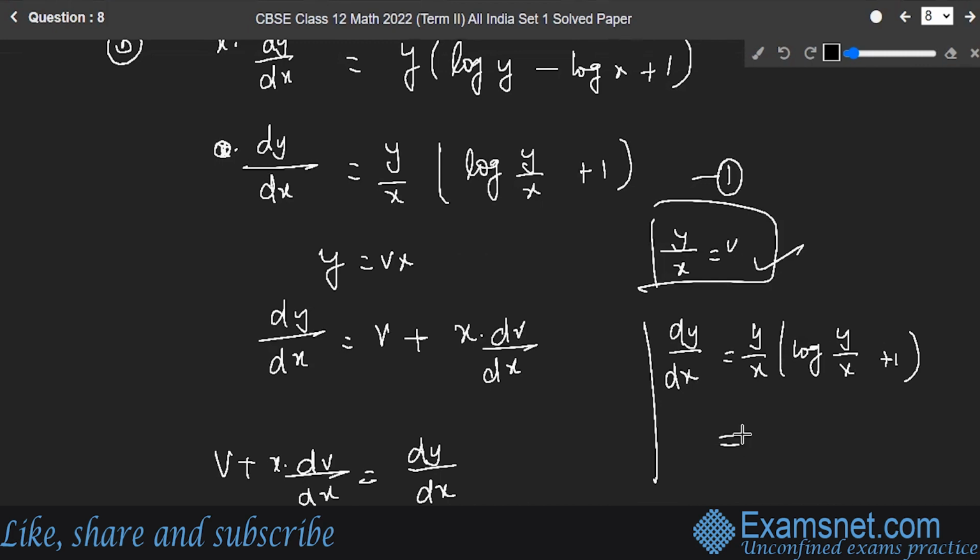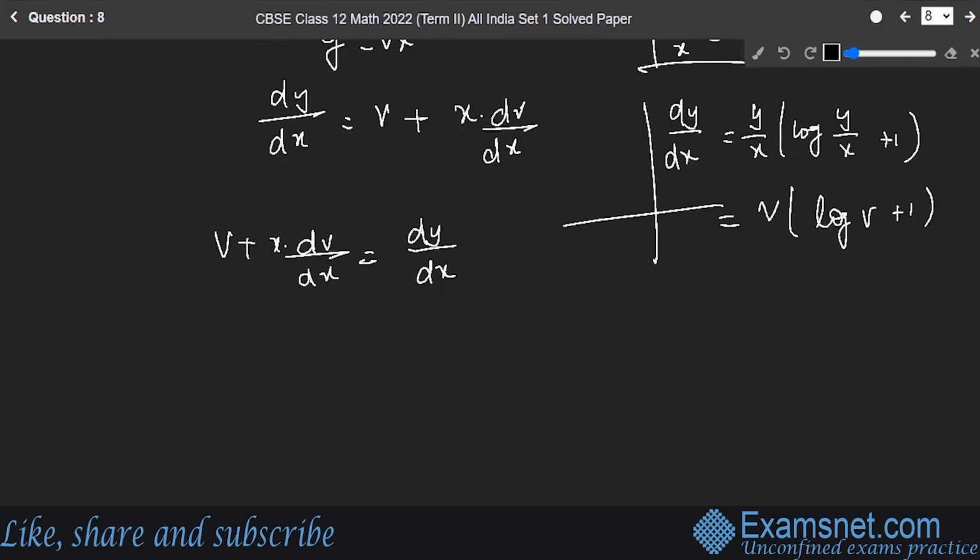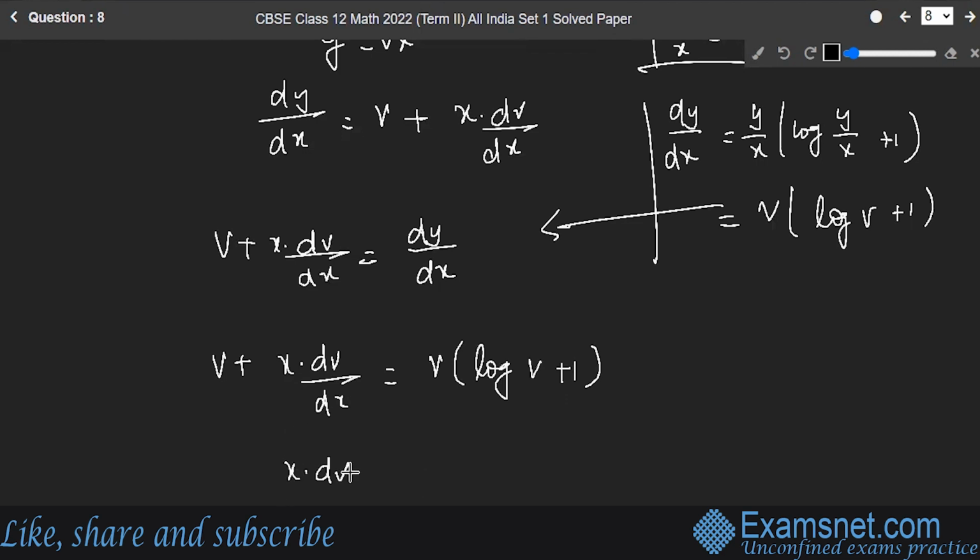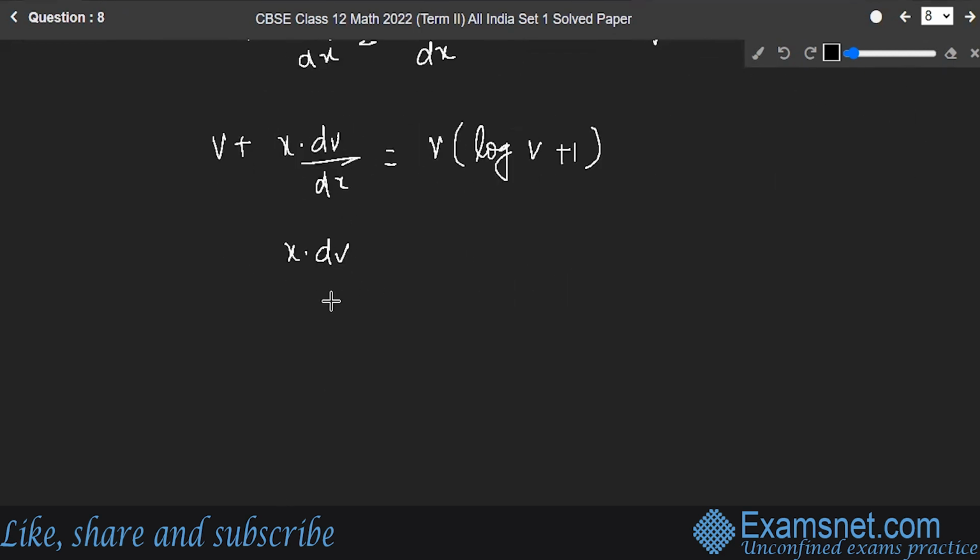Y upon x was equal to v, so this is v into log of v plus 1. Now let's fill this thing over here. You have v plus x into dv by dx is equal to v into log of v plus 1, or you will have x into dv by dx is equal to v into log v. I hope you are clear till here.